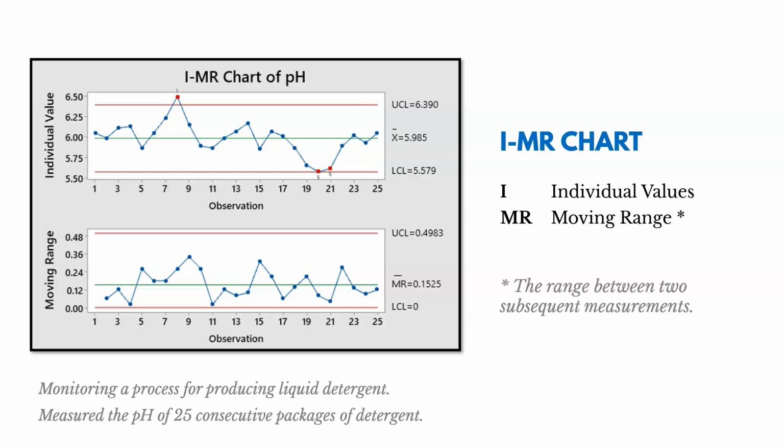And we measured the pH of 25 consecutive packages of detergent. And so each of those points on the top represents a different package. And you'll notice that about at measurement 8 there, you have an out of control point above the control limit. So you've got your individuals up on the top, and then down below is the moving range, the range between 2 subsequent measurements. And it gives us some idea of the variation in the measurements here.